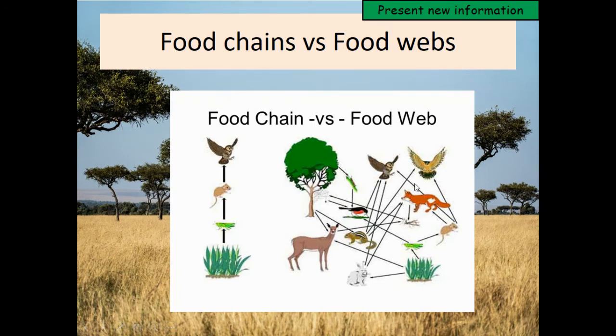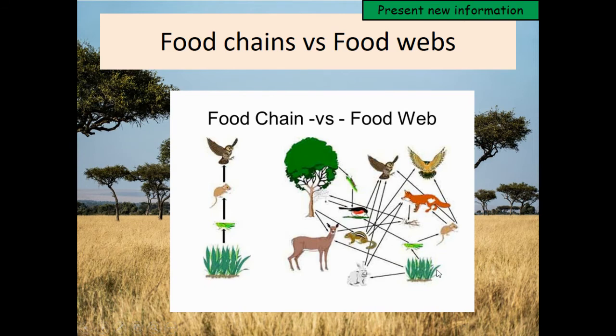So this shows multiple food journeys, if you will. You've got the producers here, the producer there, and then everything that eats off of it and where it goes to. So this one is more complicated. It shows multiple food paths, whereas this one only shows this one.